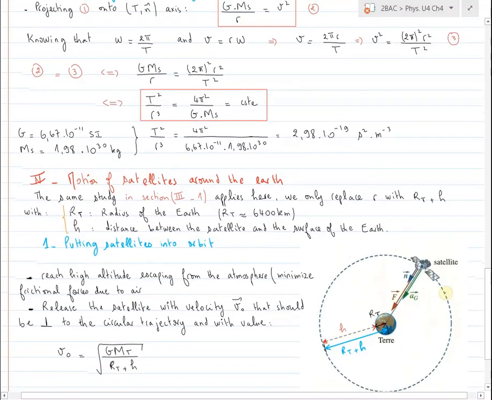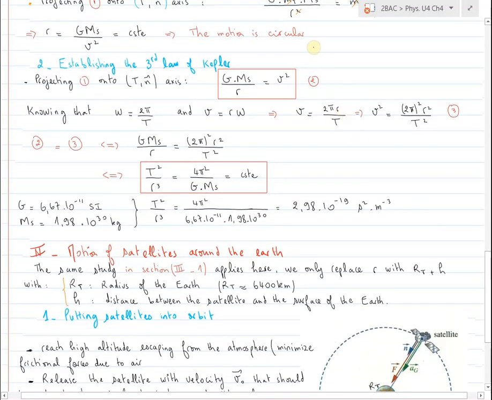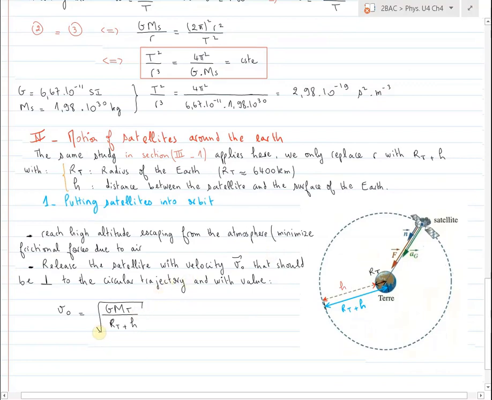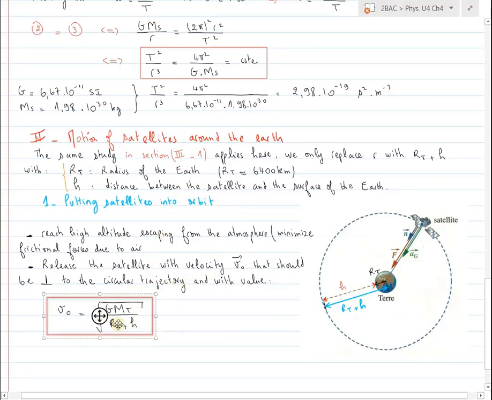This equation comes from the previous study. We have seen here that v squared is equal to G m_s over R. This is the case of the Earth and the Sun. For our case, R should be replaced with R_T plus H, and the mass of the Sun should be replaced with the mass of the Earth. So V0 is equal to this. This is a very important requirement to put a satellite into orbit.